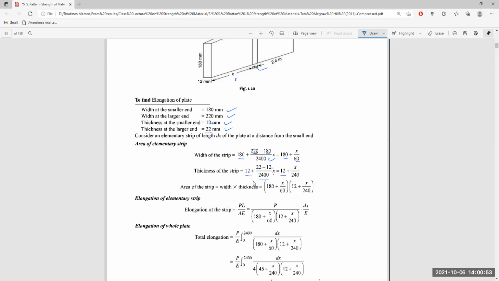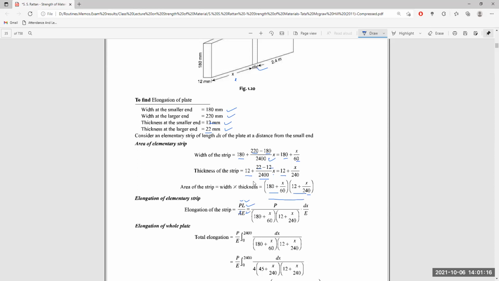So the area of the strip, width multiplied by thickness, will be (180 plus x by 60) multiplied by (12 plus x by 240). The elongation of the strip is given as P into L by A into E, that is P into dx by A into E. L is here dx, E is given, and the area is here.